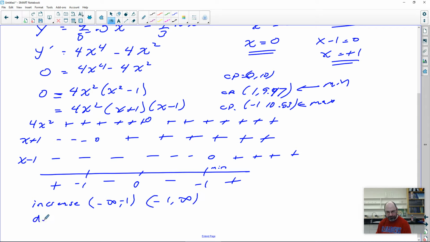It's decreasing in the middle from -1 to +1. That's a +1, right? So I better put a pause. This is from +1, right? So it's decreasing -1 to +1.